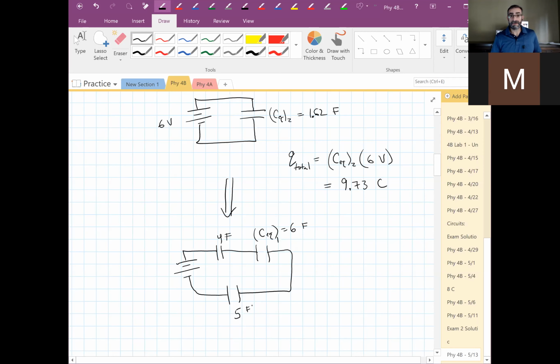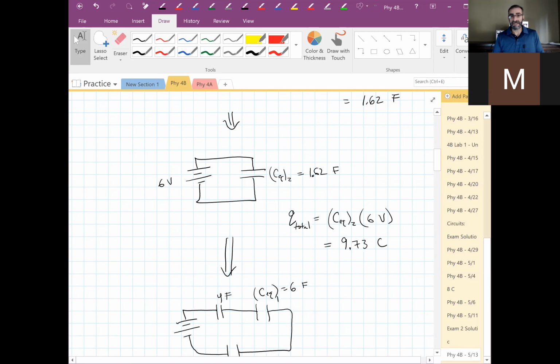And we know there's a total charge stored of 9.73 in this C equivalent 2. But C equivalent 2 is really 3 capacitors in series. So that means that every one of the capacitors in series has the same charge and it's equal to the total charge stored by the system of all 3 of them in series.